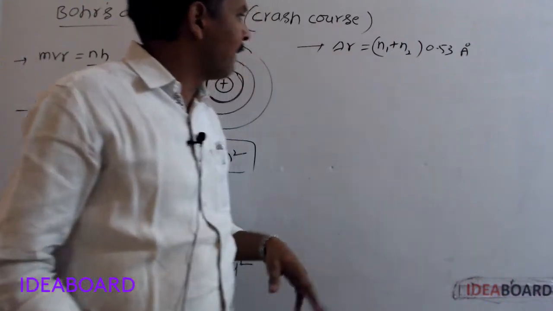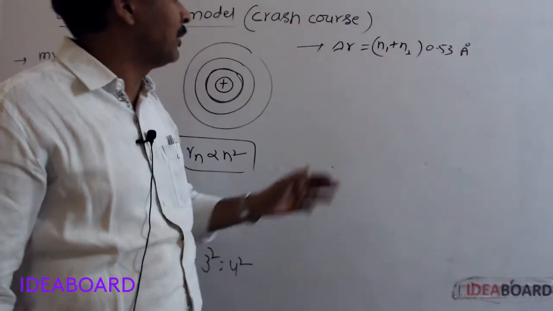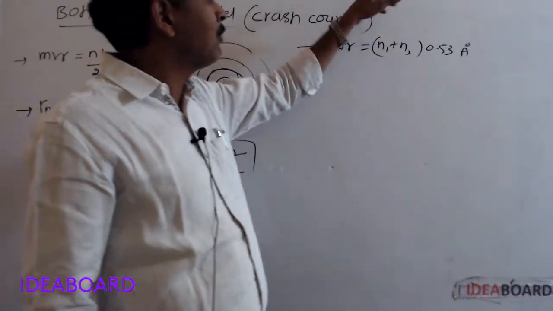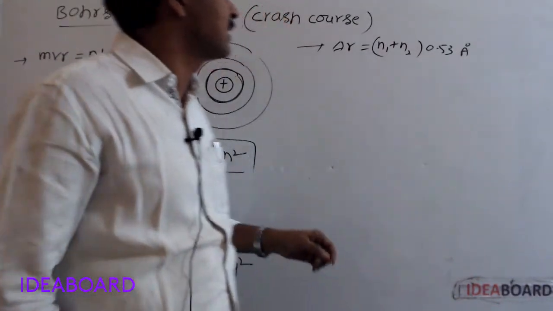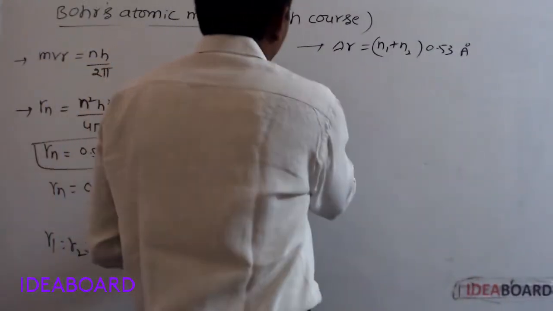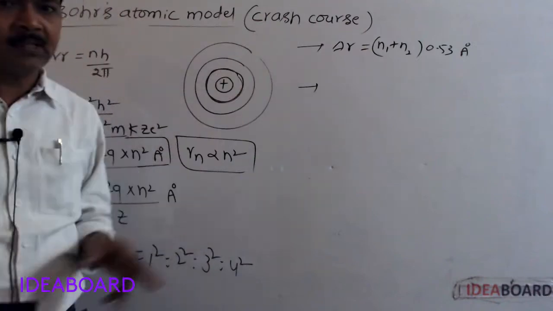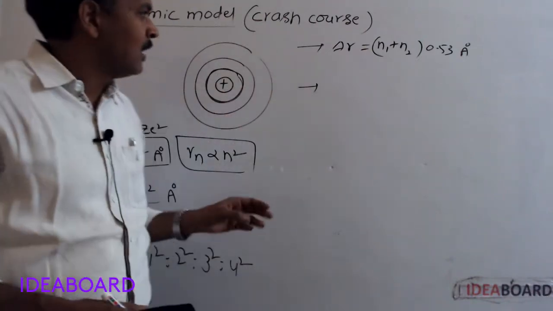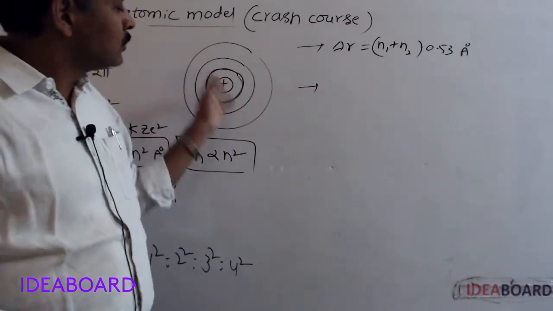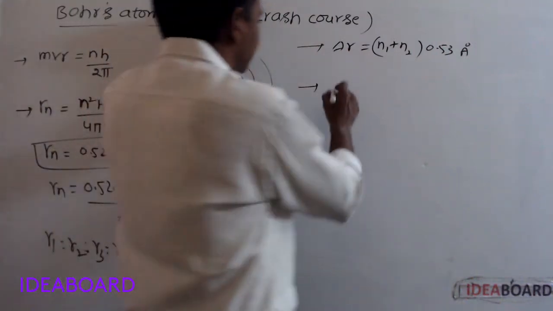Radius difference between any two successive orbits in hydrogen: delta R is equal to (n1 plus n2) into 0.53 angstroms. As n value increases, radius difference between two successive orbits increases.